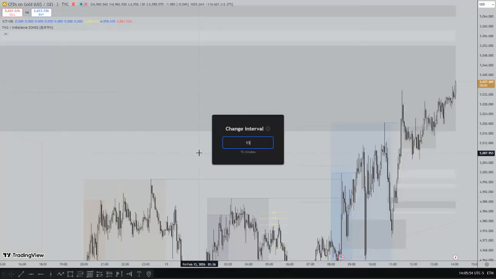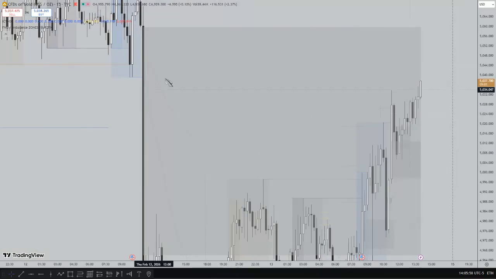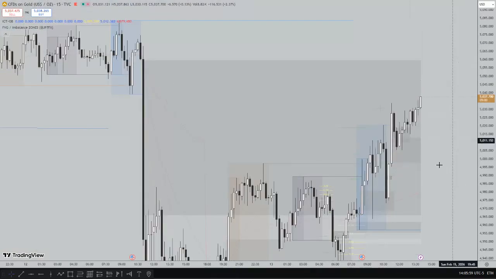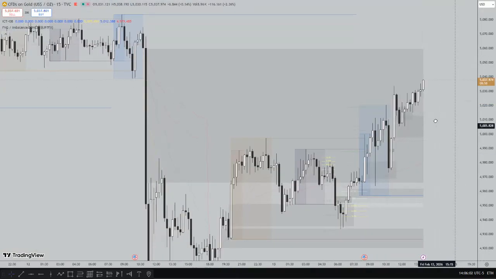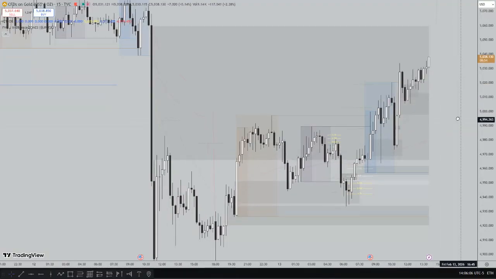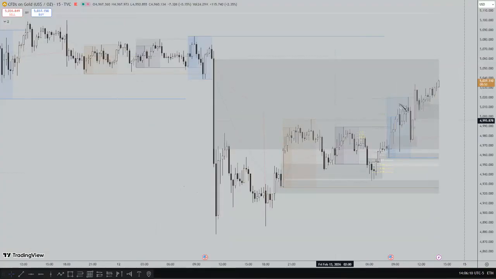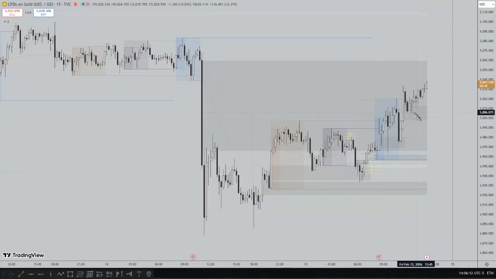Let's go to the 15 because this indicator should show up from the 1 hour and below. The 15, the 5, the 3 are really good to use for entries, but you can use the 15 and the 30 to get clear sweeps on higher time frames and target your next areas of interest, which would be these highs up here, this last New York high.